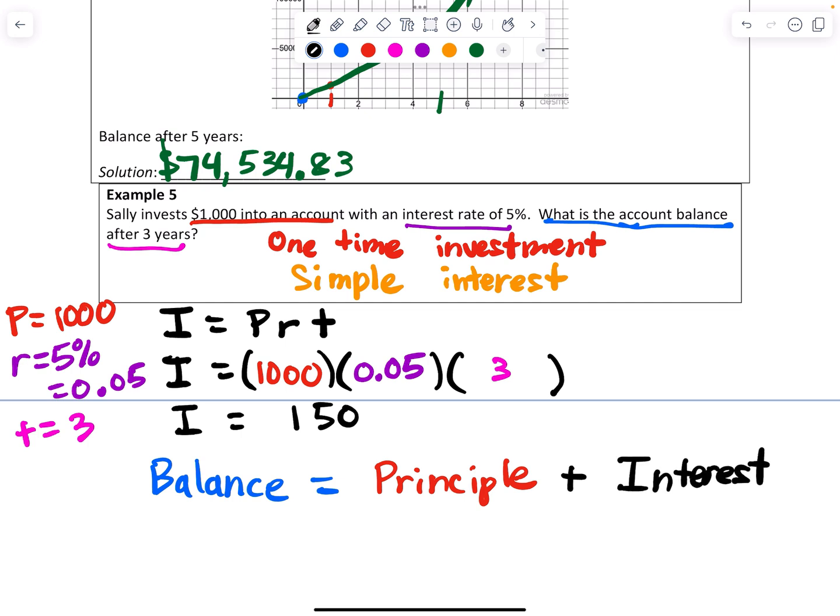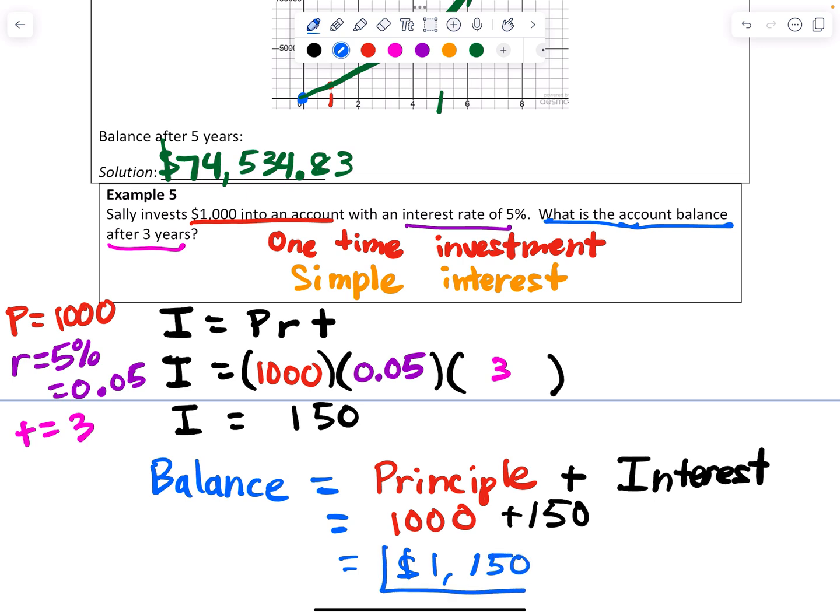So they started investing that $1,000. They didn't lose it. They still have $1,000, and then they earned $150 in interest. So the balance in the account is $1,150. And again, I used this formula because there was no compounding. It was just simple interest.